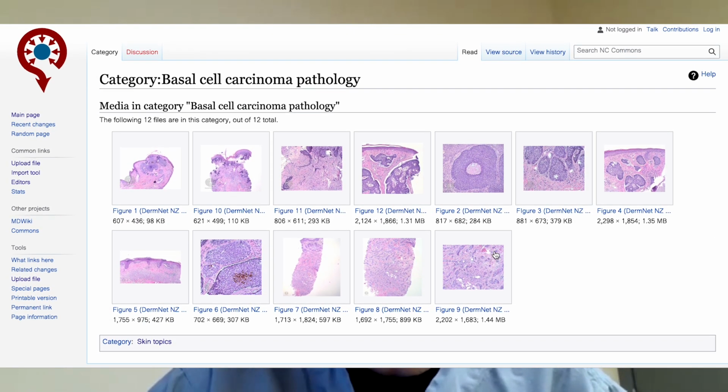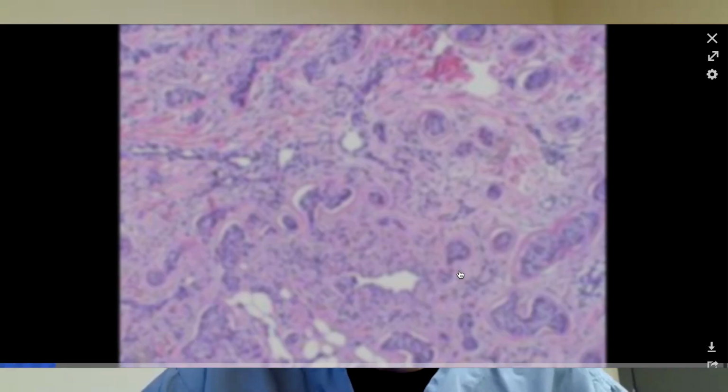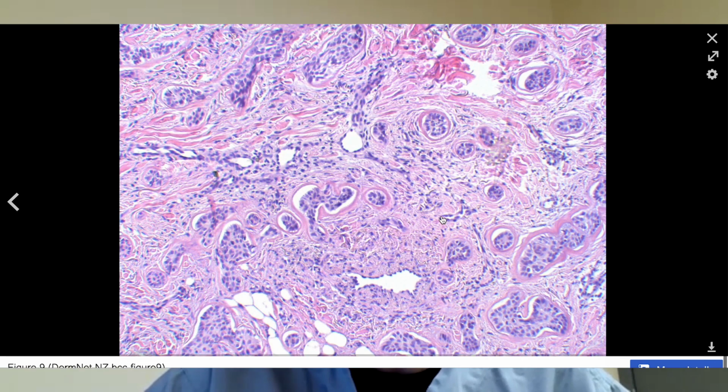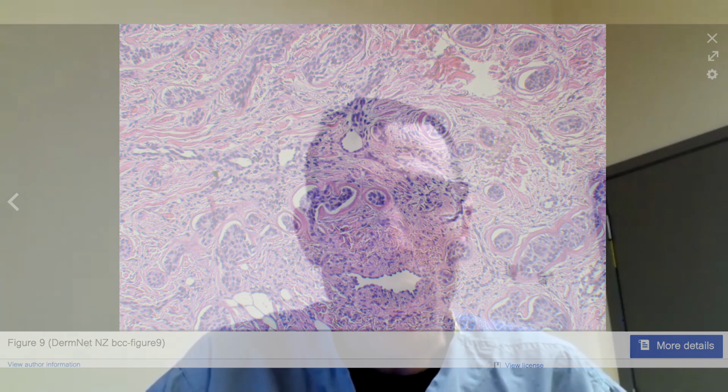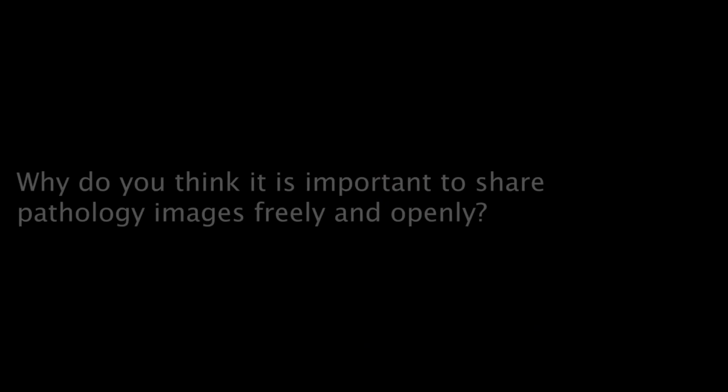So, we're currently using these images on MDWiki, which is like Wikipedia, but more geared towards a healthcare provider learner. And we're open to have other organizations also use NC Commons within their MediaWiki installs.